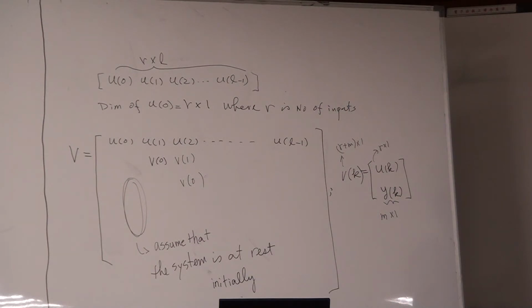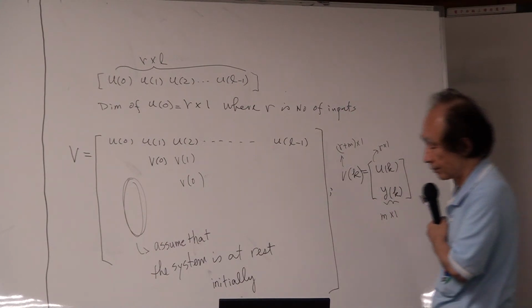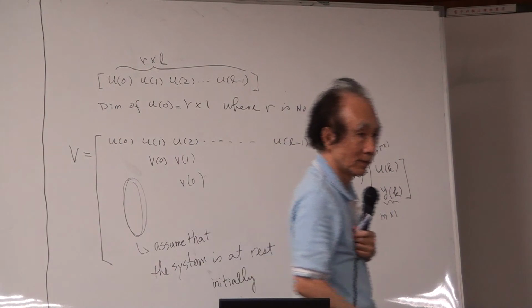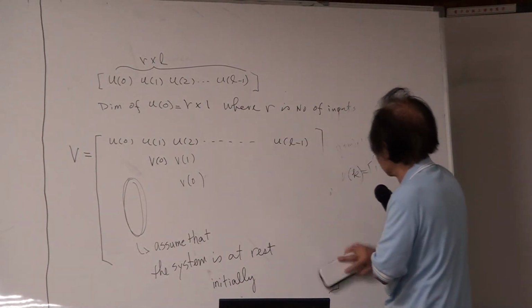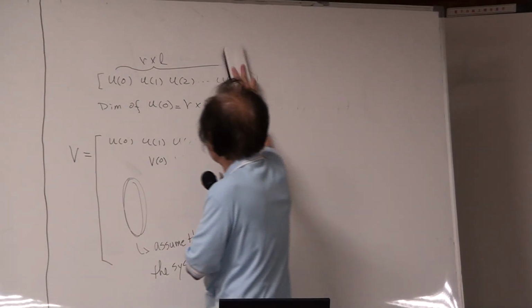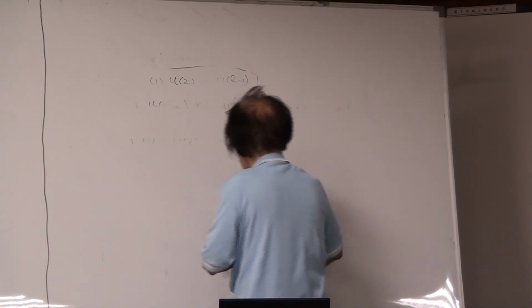Y bar is beta 0, beta 1, minus alpha 1, beta 2, minus alpha 2, beta 3, minus alpha 3, up to beta P. If you don't believe that, you go back there, and you find that I define Y equal to Y bar V. You have to believe this, and it's just algebra.